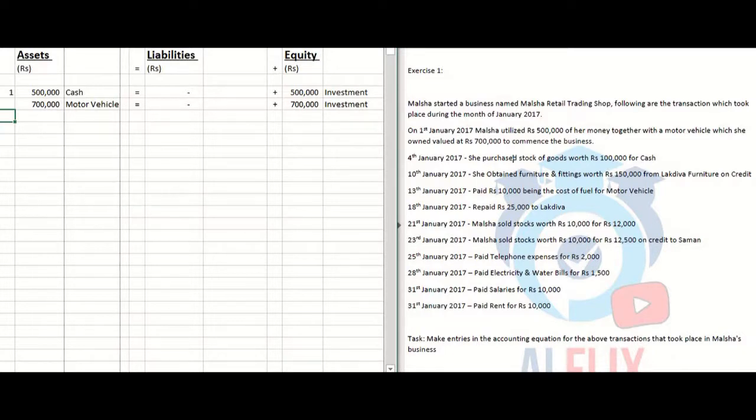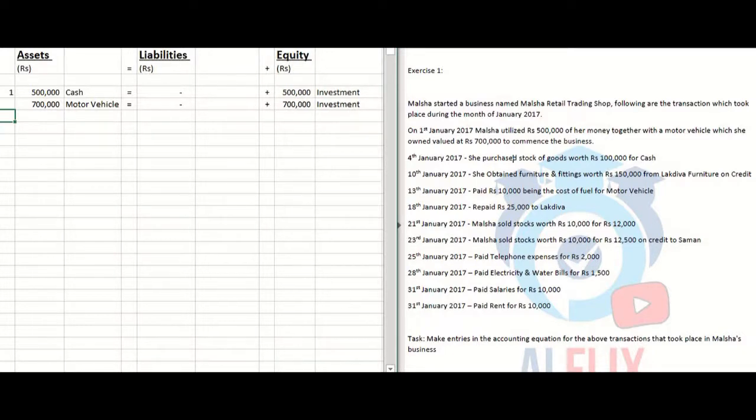Moving on to the second transaction of the example, that is 4th January 2017, she purchased stocks of goods worth rupees 100,000 for cash. Here the business has purchased goods as stocks to meet customer demands as and when required.